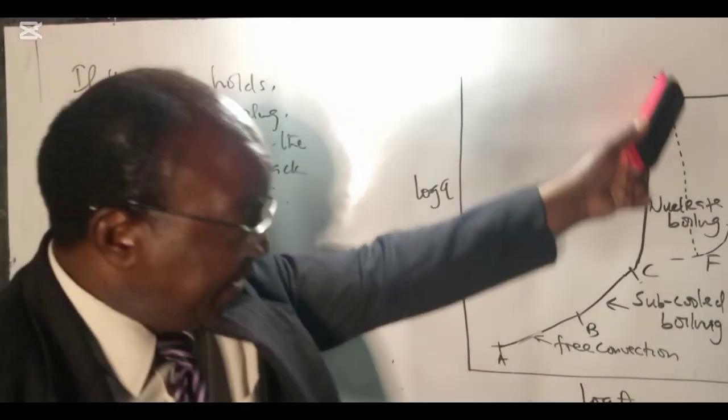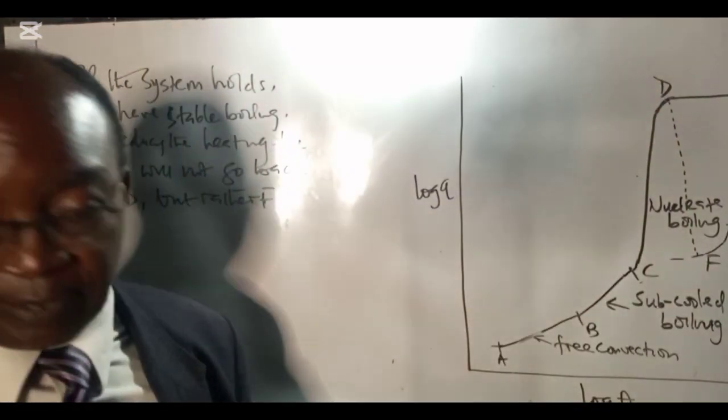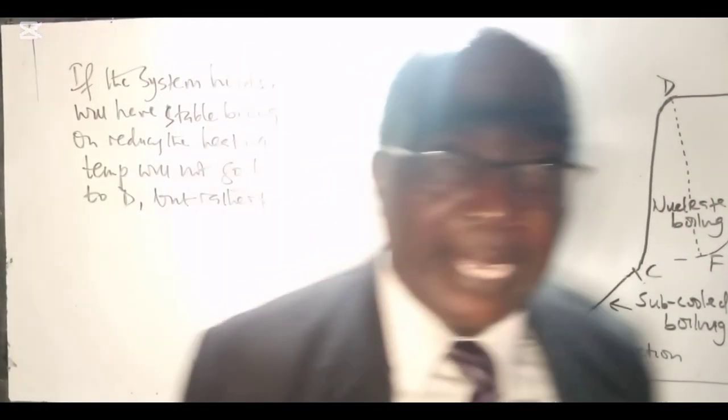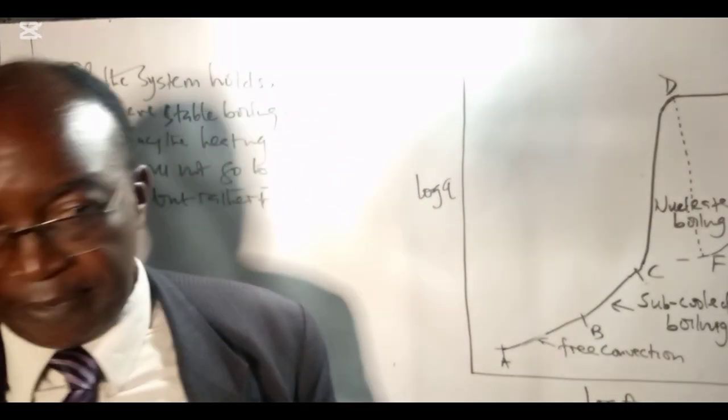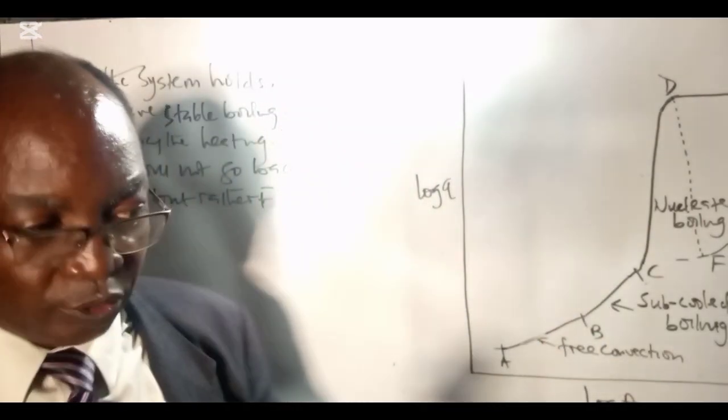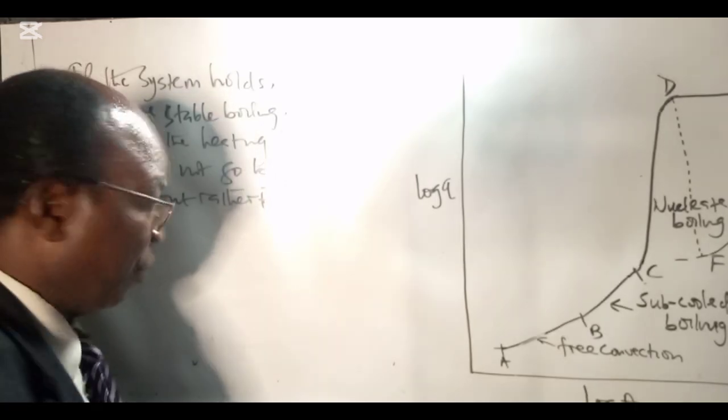And this region here, D to F, like you've said, is metastable, is unstable. In other words, you could have build-up of the vapor layer, it breaks down and so forth. So it's not very stable.